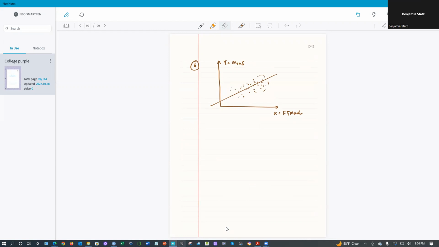The equation is y hat equals b naught plus b1 x. So y is b naught plus b1 x plus e, or y hat plus e. You can write it several ways. That's the equation part.